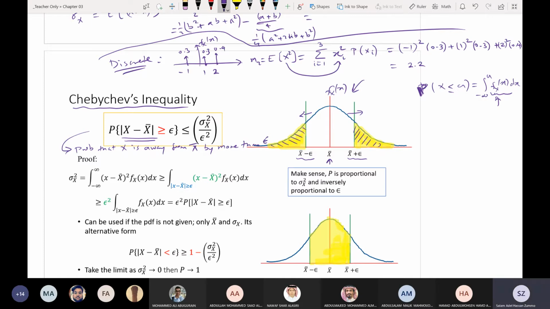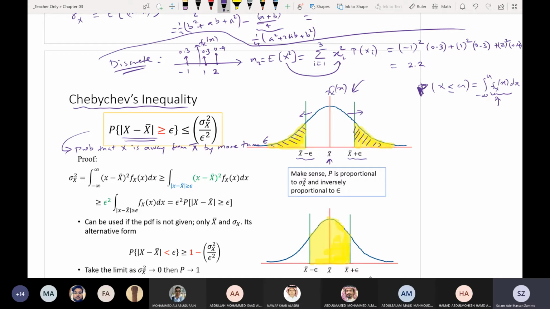Now, you can calculate this by basically integrating, right? However, as mentioned, in some cases you might not have the PDF, or you are interested only in a rough estimate of this probability. So the Chebyshev inequality gives you this rough estimate.